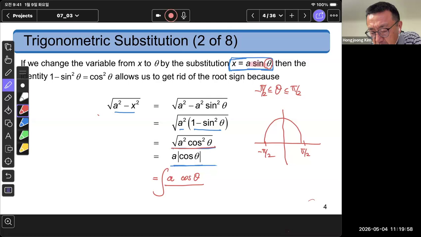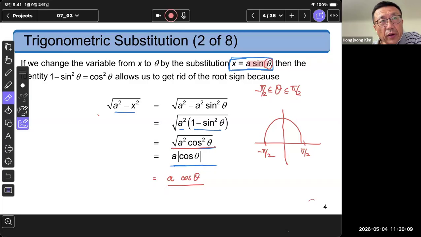In that case, the square root of a squared minus x squared will be the same as a cosine theta if I restrict my theta to this interval.